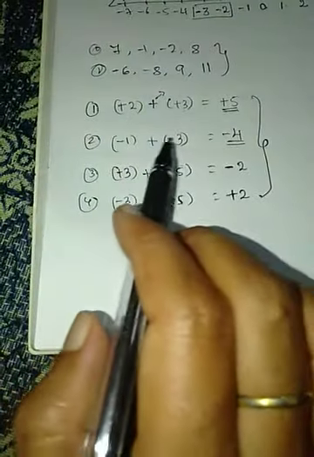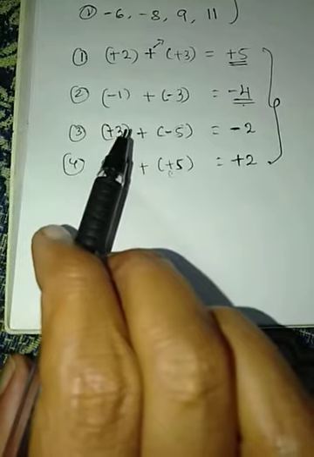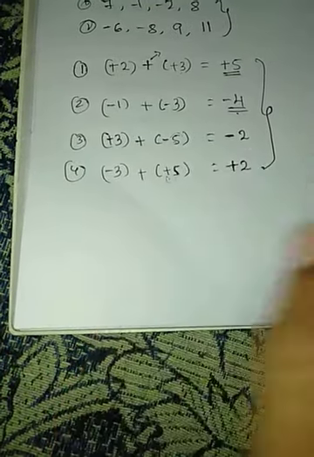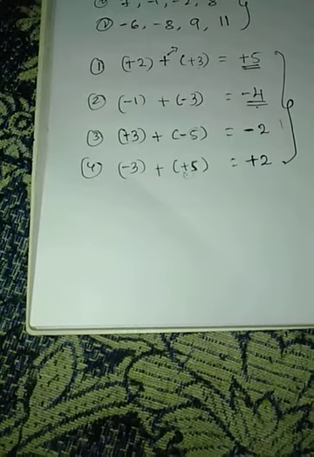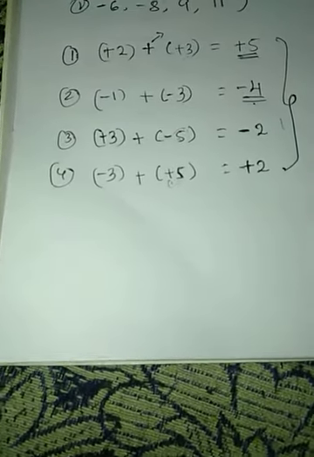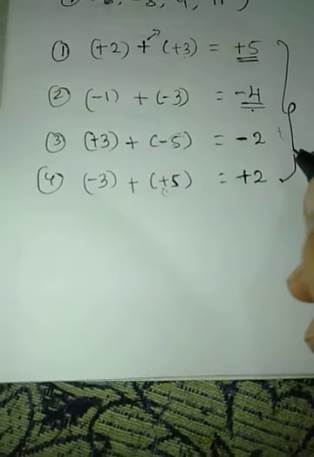When two negative integers are added, the sum will be negative. When one positive integer and one negative integer are added, the sign depends on the bigger number. Which sign does the bigger number have? The sign of the sum depends on that. Okay, remember that.